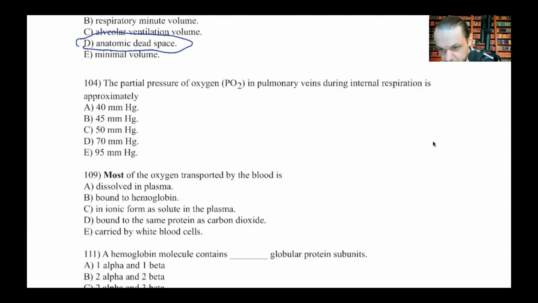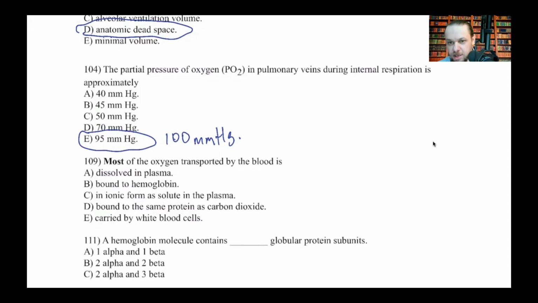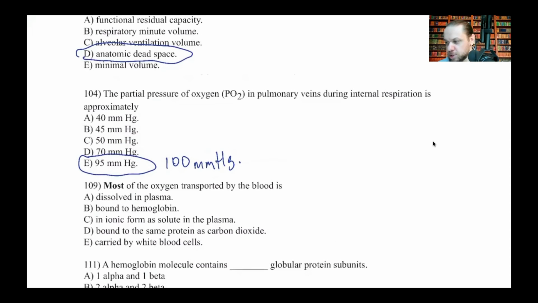All right. We got number 104. Let's do Lindsay. The partial pressure of oxygen, PO2, in pulmonary veins during internal respiration is E, 95 millimeters mercury. Yeah, 95 is correct. Sometimes some books will say 100 millimeters mercury, also correct. The pulmonary veins are the portion of the circulation that has oxygenated blood.